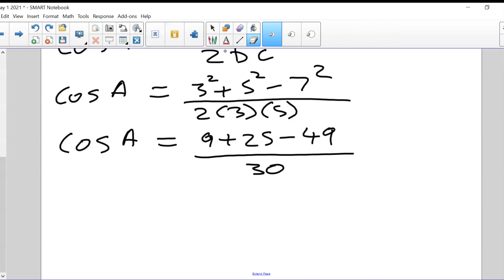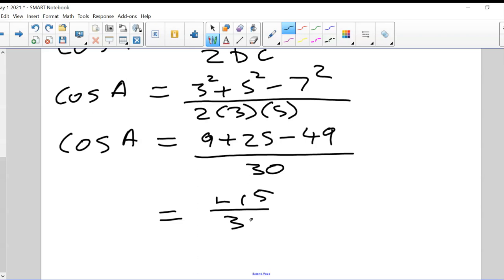I'm doing a lot of this mentally, so I might make some mistakes here. 9 plus 25 would be 34. 34 minus 49 would be minus 15, over 30. Did I do that right? Which is equal to minus a half. Folks, help me out, I got that right? Okay, thank you. That's all mental stuff, folks.